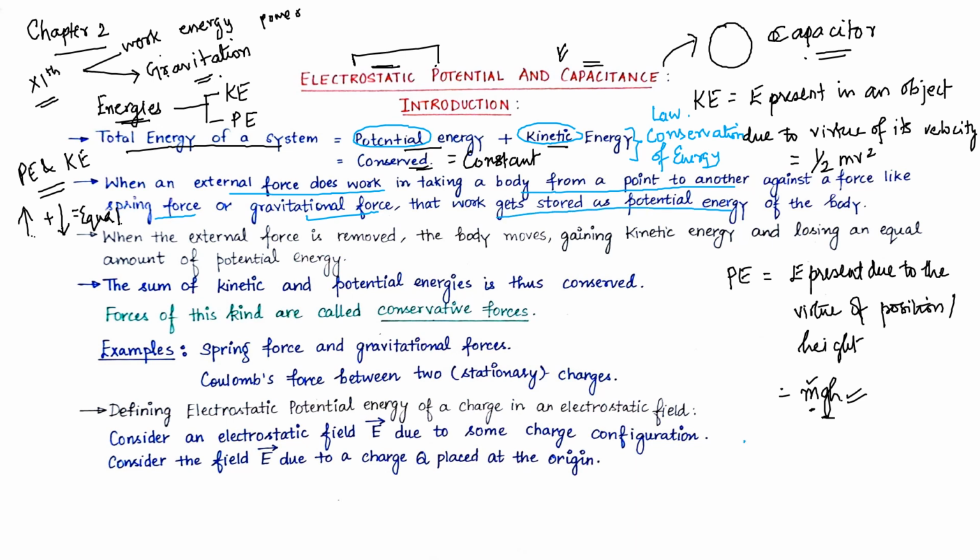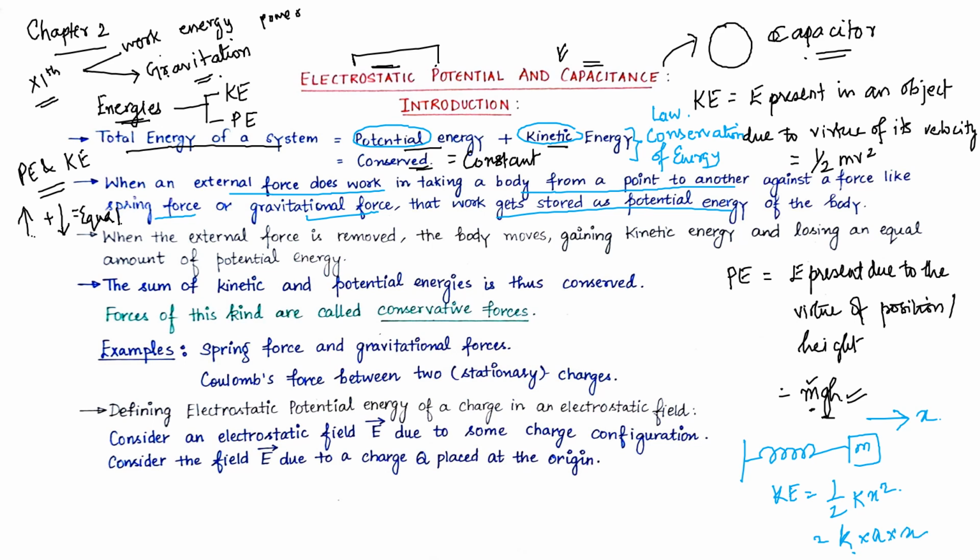Like in this spring you have seen, this is our spring connected with a mass m. If this mass displaces the spring by x, the energy is given as half k x square, where k is the spring constant and x is the displacement.